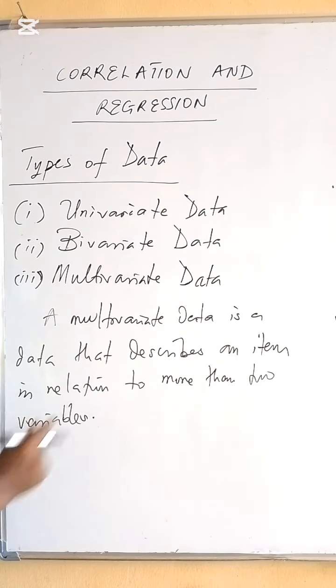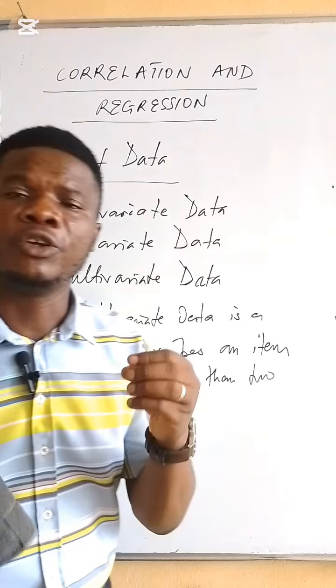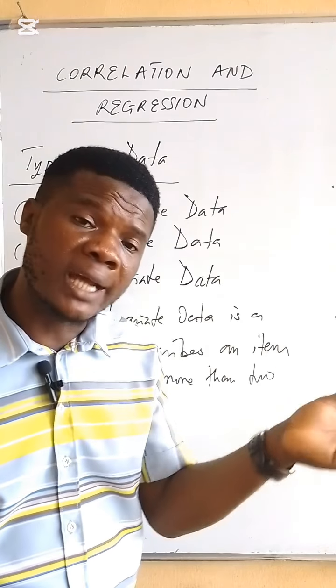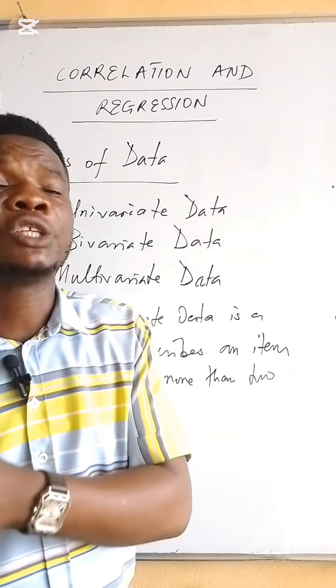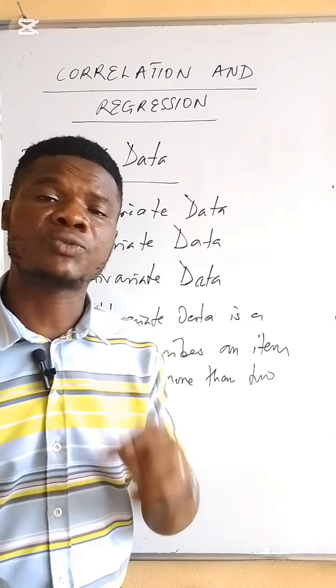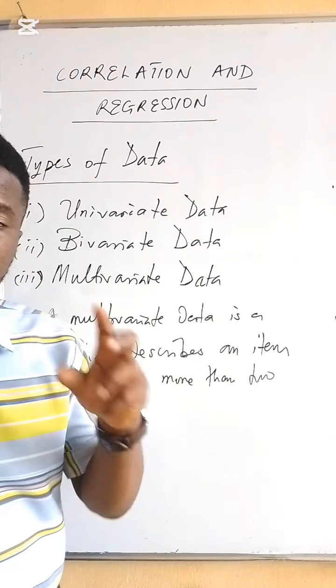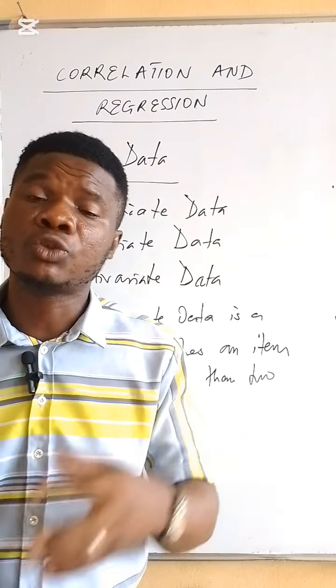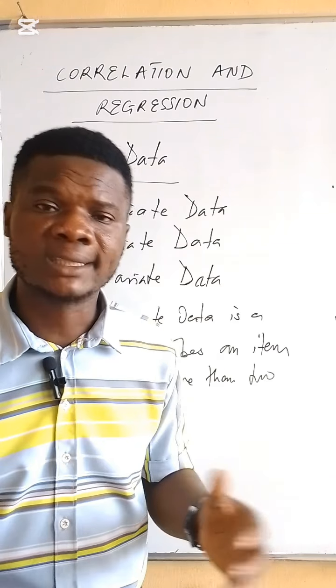So, in the first instance on univariate data, we considered one item being boys in relation to one variable being height. In the second instance, we considered one item, still boys, in relation to two variables, height and weight.